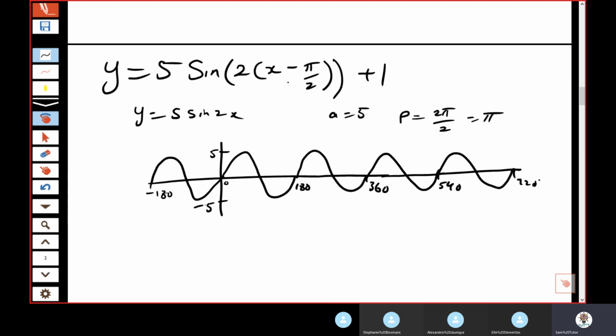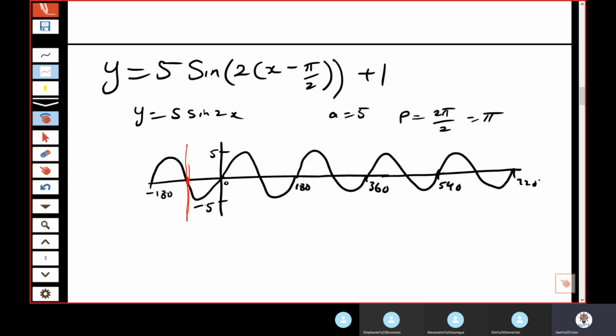Then we need to shift the graph 90 degrees to the right, or shift our axis 90 degrees to the left. So instead of this axis starting here, it's actually going to start right here. That's where negative 90 degrees is.